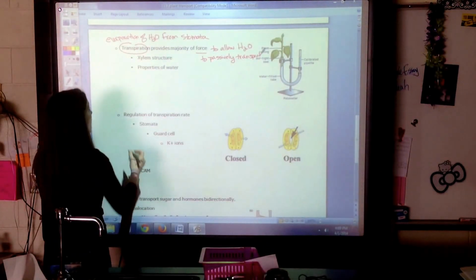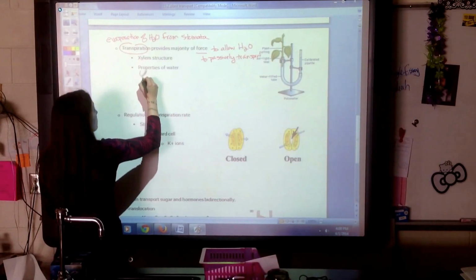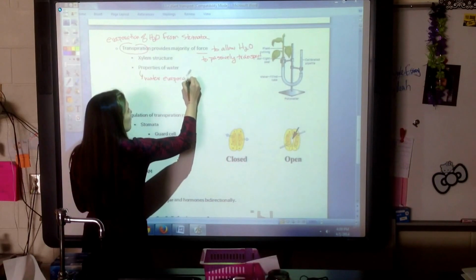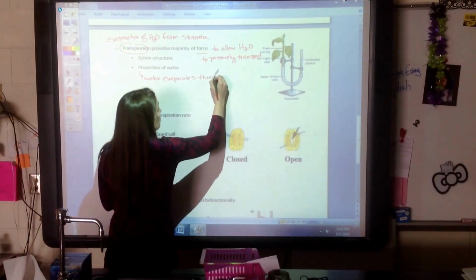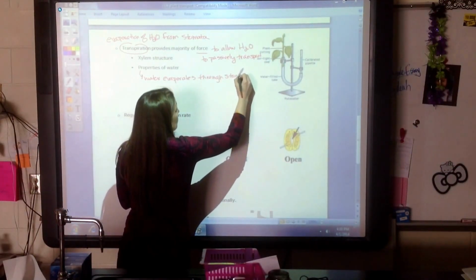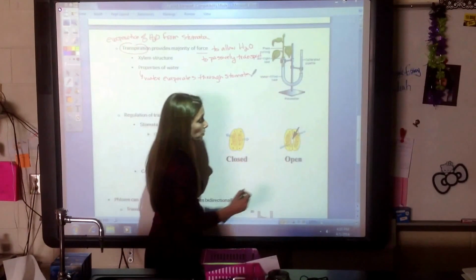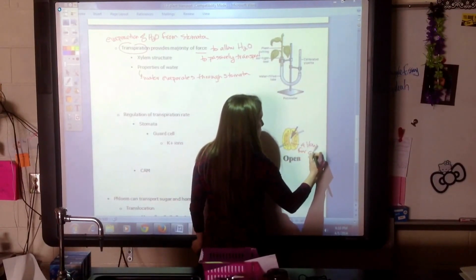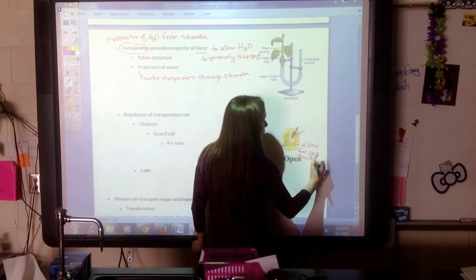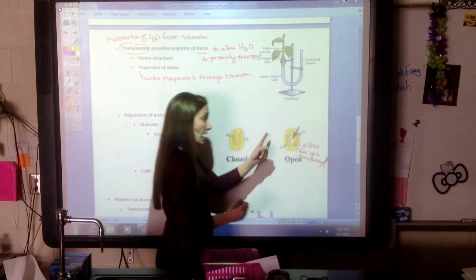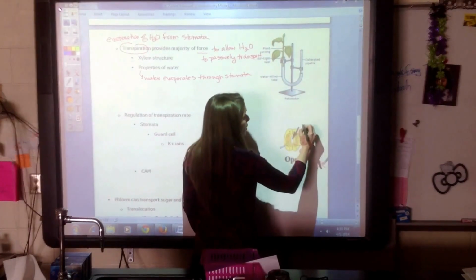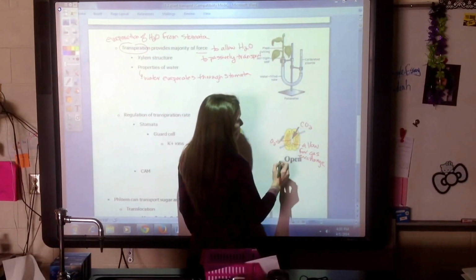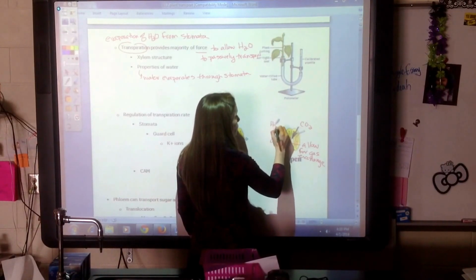It's because as water evaporates through the stomata, remember the stomata is open to allow for gas exchange. But when the stomata is open and the gases are exchanging, remember CO2 will be coming in and oxygen will be coming out, but also what is coming out is water.